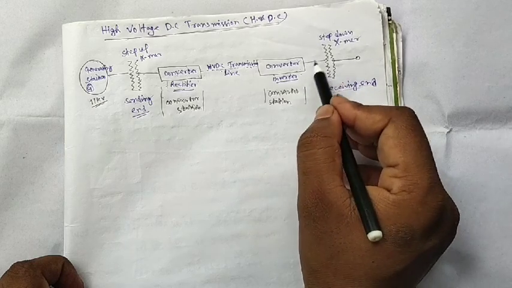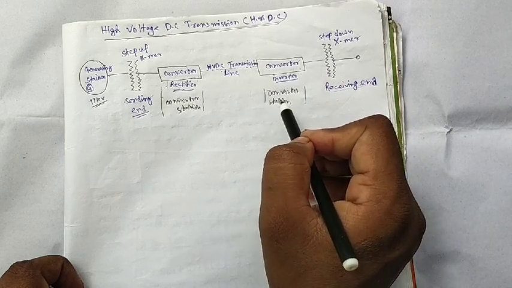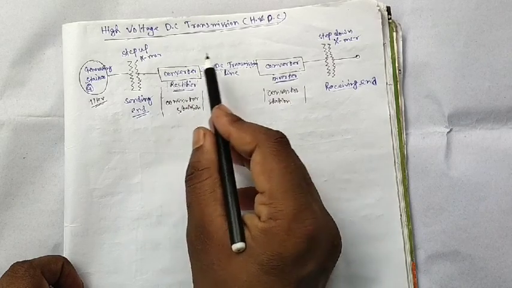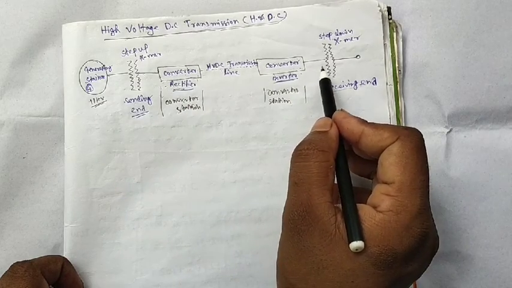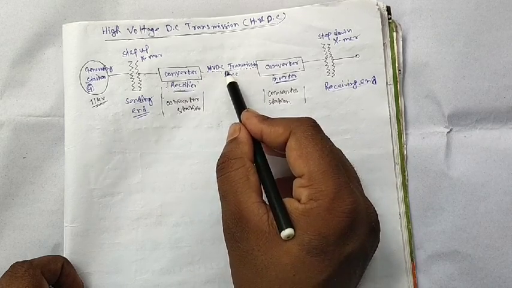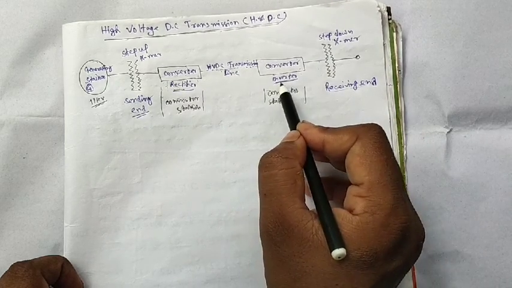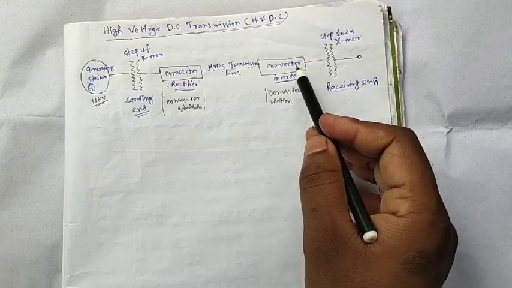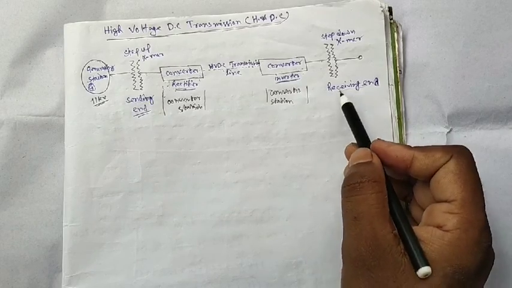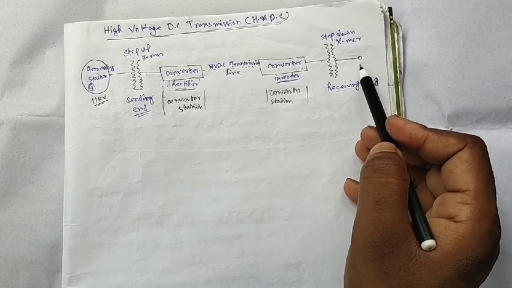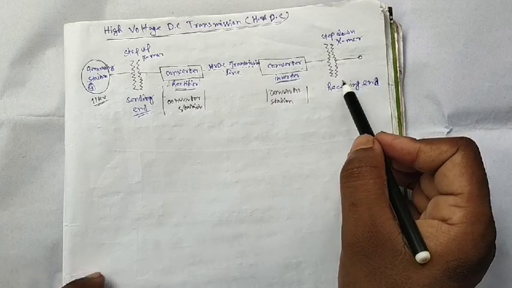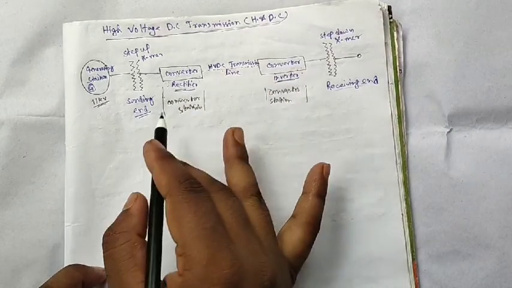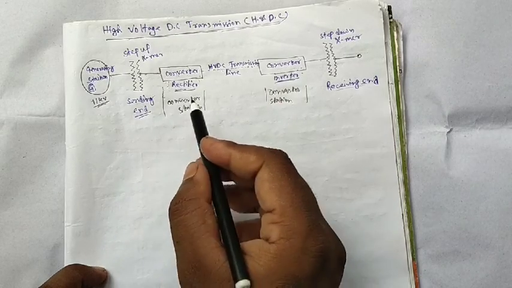In the sending converter station we use a rectifier, but here we need an AC source, so DC into AC. Then a step-down transformer converts the high voltage into low voltage at the receiving side, and we distribute it as AC power. This is the layout diagram of the high voltage DC transmission system, and it is used in practice in transmission lines.